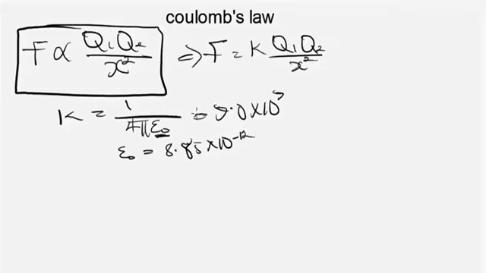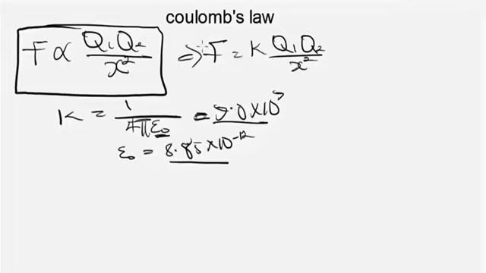So you can always use this value and plug it directly into your calculations, or you can make 1 over 4 pi epsilon naught by using the normal value of pi and the value of epsilon naught, 8.85 times 10 to the power of minus 12.